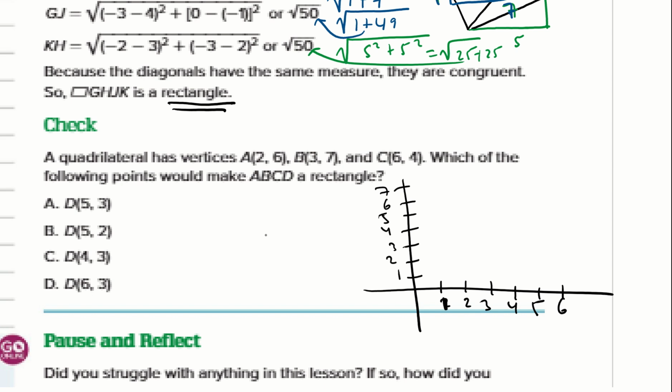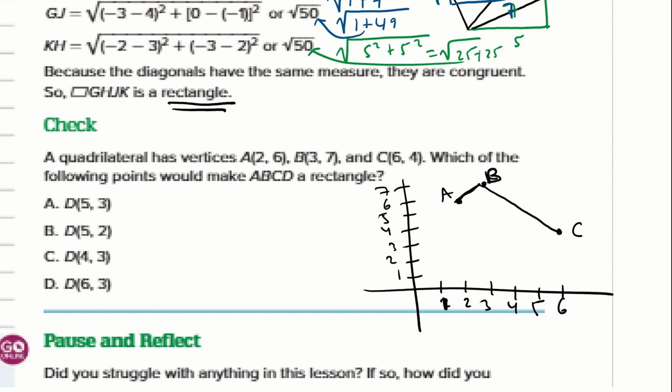So we have 6 and 4, 3 and 7. Oh, that's for part B. And then point A is 2 and 6. So this is what we have, and we have to figure out where D is.